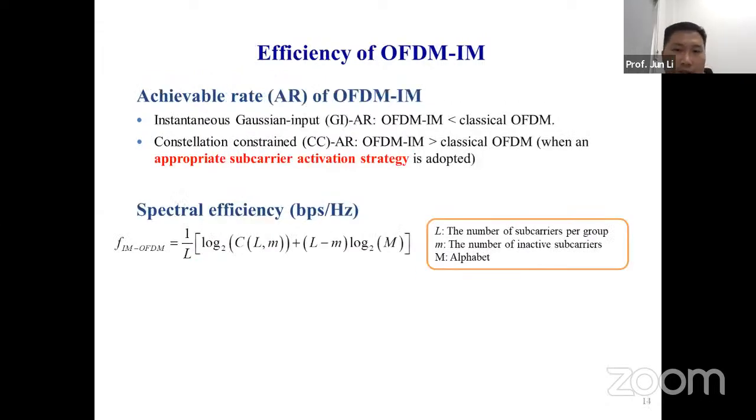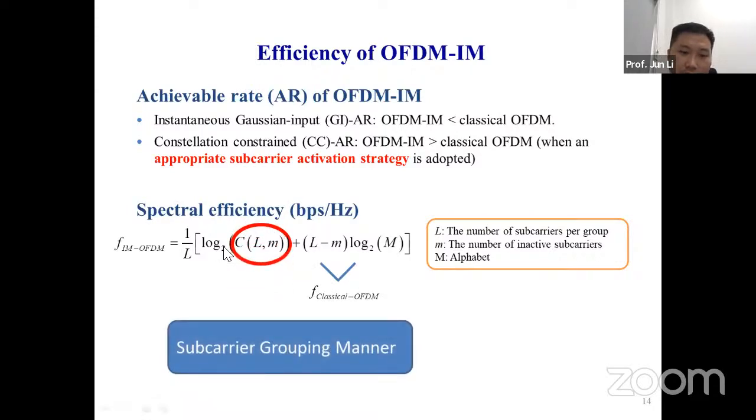Okay, and this is the spectral efficiency of OFDM IM. Let's see this. The first part is the index space for selecting the subcarrier pattern. If we have L and M, where M means the number of inactive subcarriers and L is the total number of subcarriers, the number of combinations of selecting M subcarriers among L subcarriers is C(L, M).